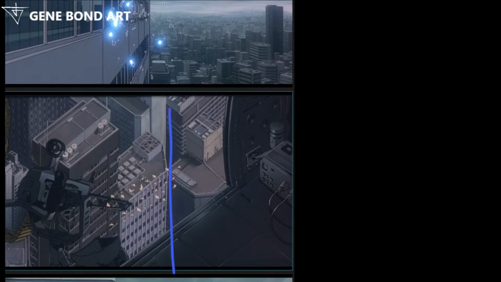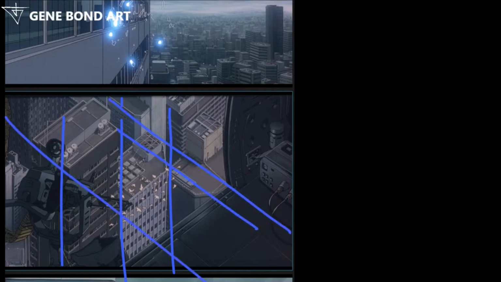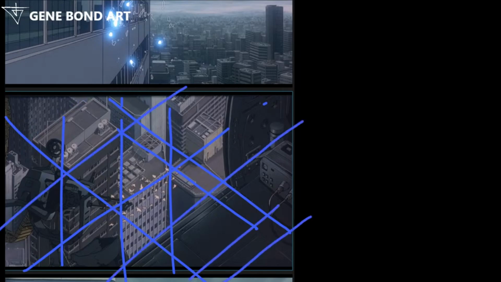So here it's even easier. It's just vertical, then here z, and here x, and let's go inside the helicopter, and let's go outside to all these details, all these elements.